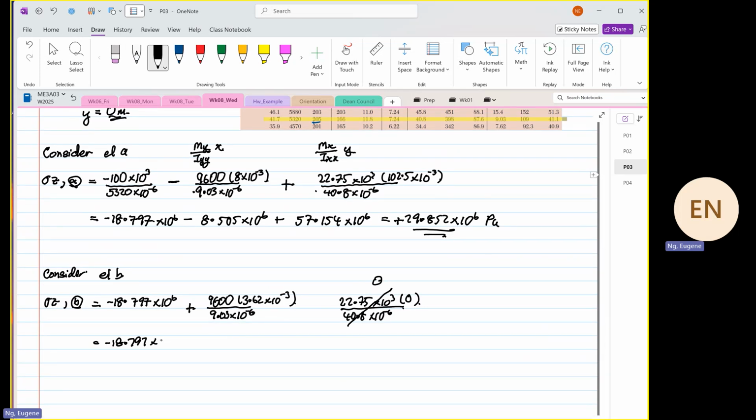So finally, we get minus 18.797 times 10 to the power 6 plus 9600 times 3.62 times 10 to the power minus 3, divided by 9.03 times 10 to the power minus 6, which is equal to 3.849 times 10 to the power 6.